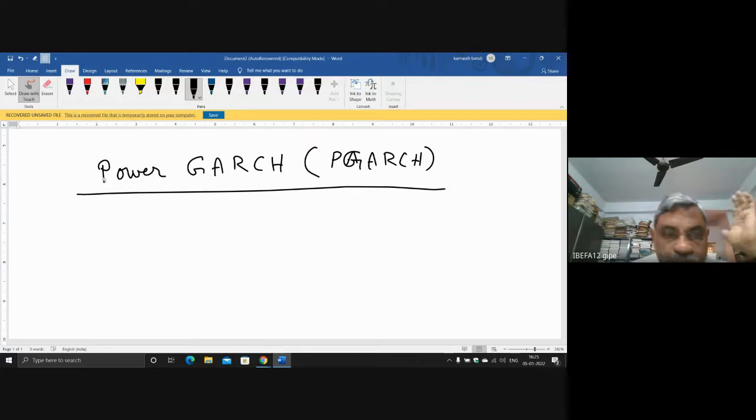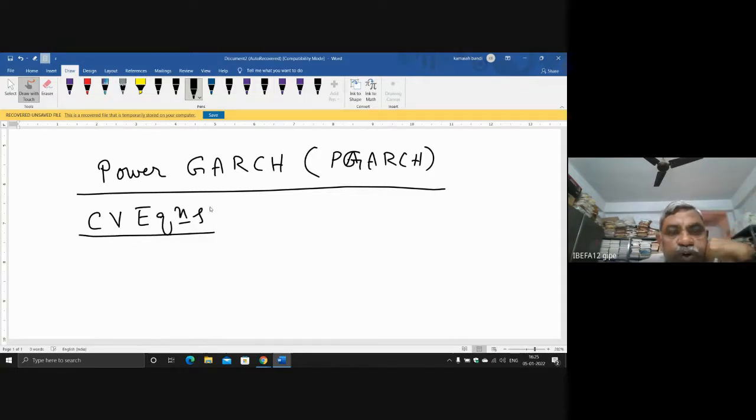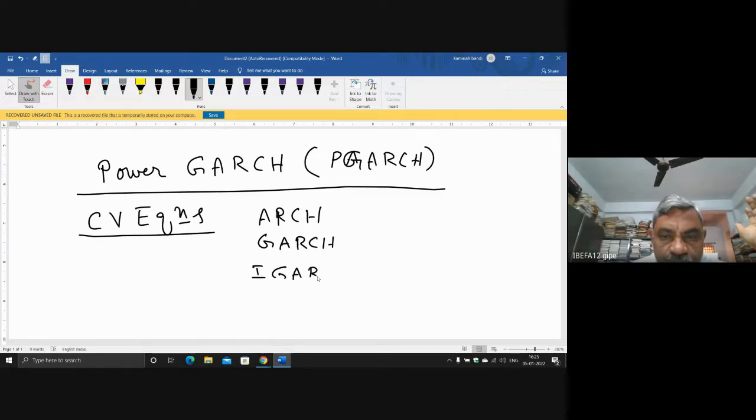If you look at the conditional variance equations, across the models, you have a variety of equations. For arch process, for Garch, for I Garch, E Garch, again various versions, GJR, Jacobian, Nelson, all these, so many versions are there.